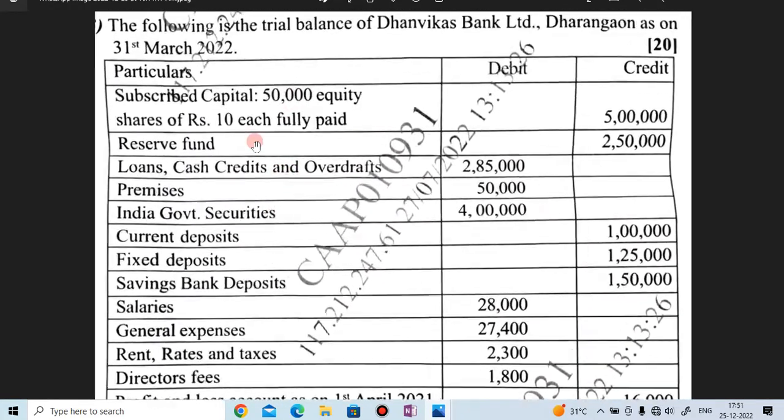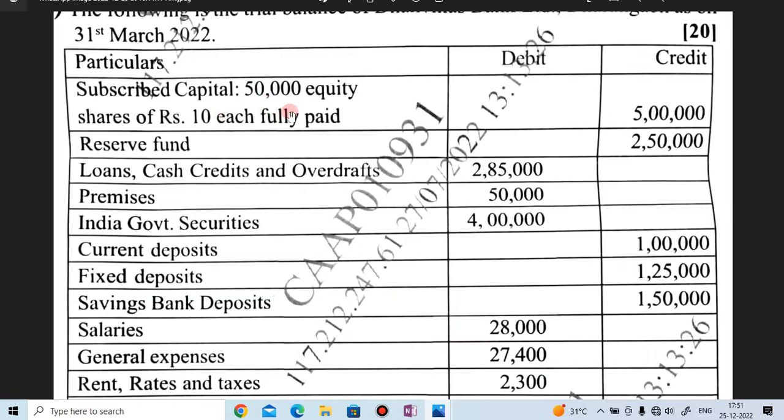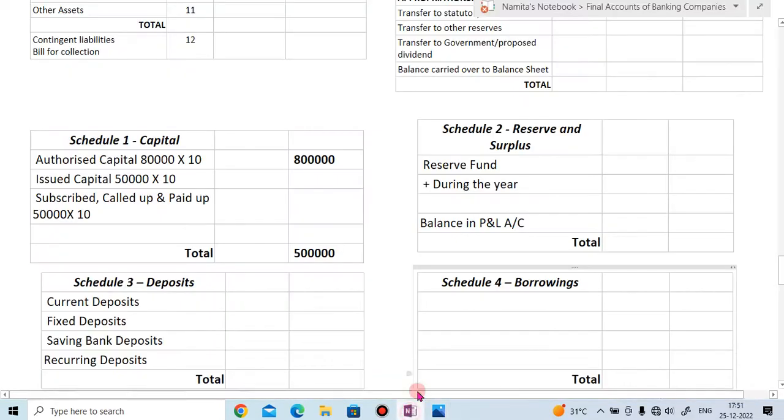Okay, see here, 50,000 equity shares have been issued. So issued capital 50,000 multiplied by 10 will be how much? 5 lakh. Now how much is the subscribed, called up and paid up capital, equity paid up capital?